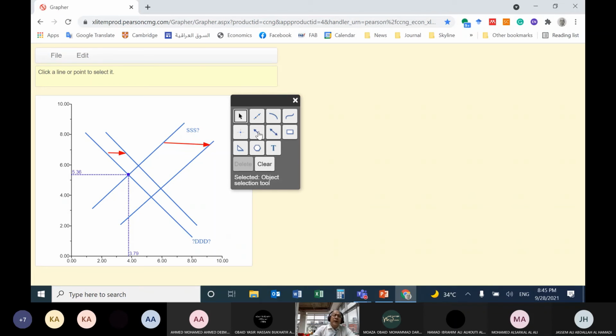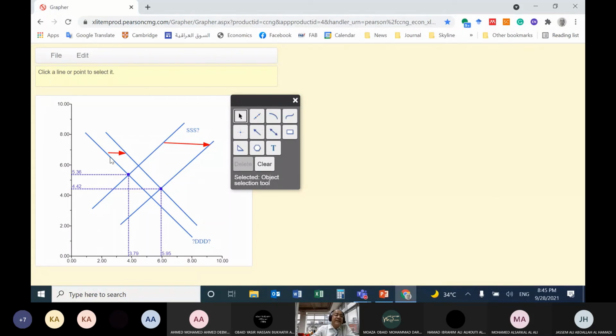Where is the new equilibrium point? The new equilibrium point is between the new demand curve and the new supply curve. If you compare the red lines, I said a huge technological progress makes a significant increase in supply.